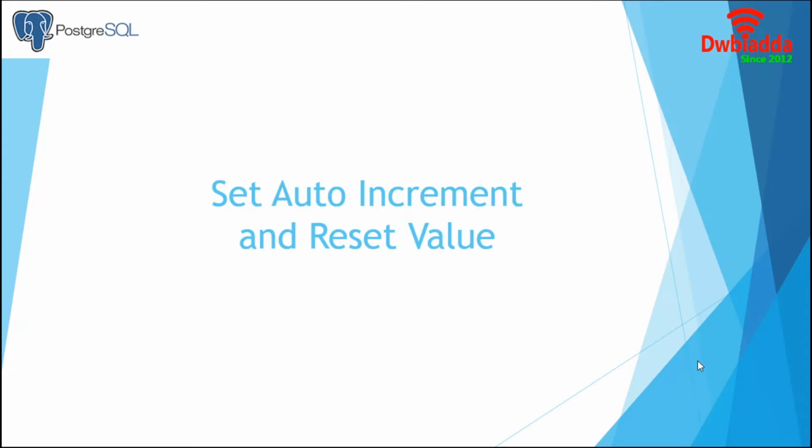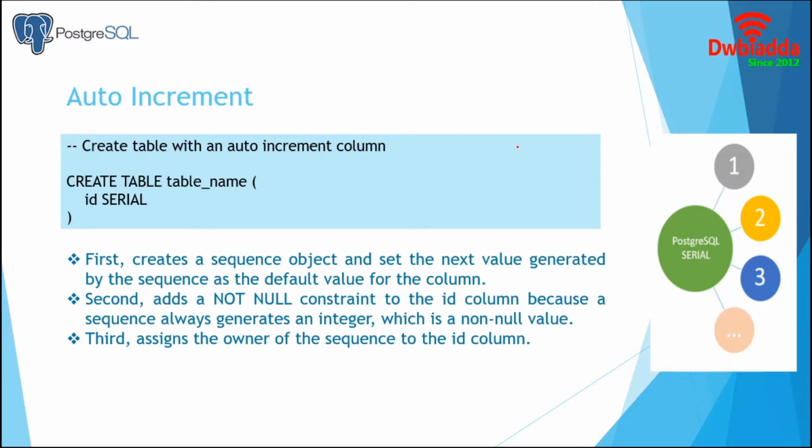Let's begin the session. In PostgreSQL, a sequence is a special kind of database object that generates a sequence of integers. While creating a new table, the sequence can be created through the serial pseudo type. By assigning the serial pseudo type to the ID column, PostgreSQL performs the following steps.